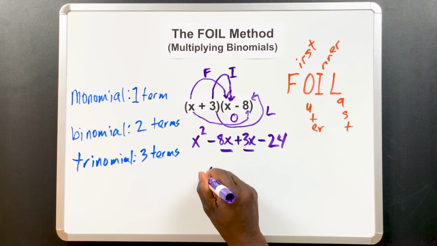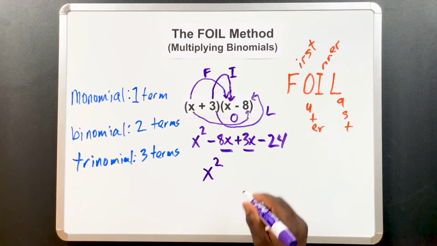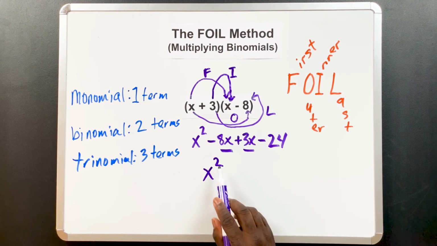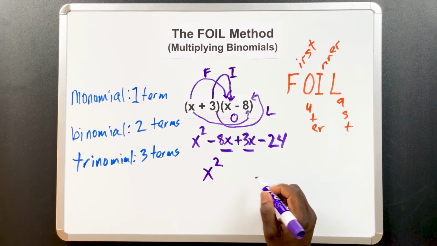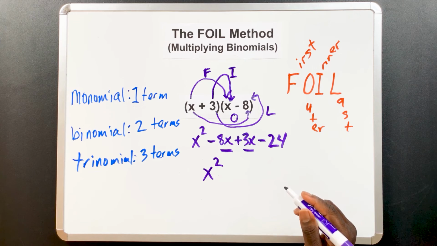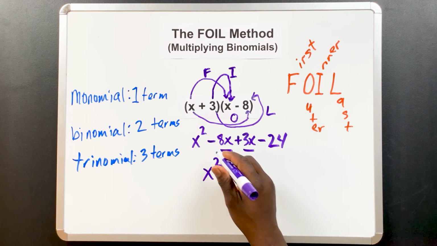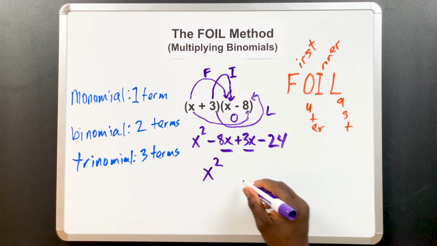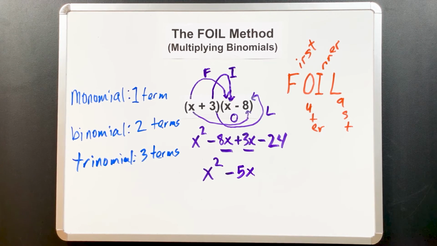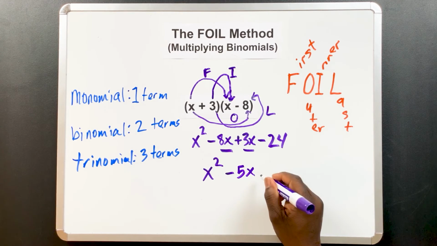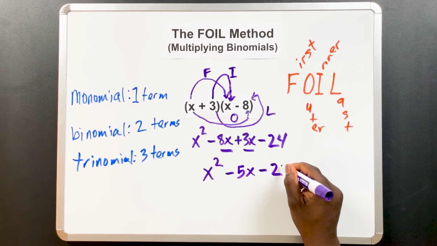So let's bring this down, the x squared. We're not going to do anything to that. Negative 8x plus positive 3x, that's like adding integers. Negative 8 plus positive 3 is negative 5. And don't forget to bring the x down. And then minus 24.